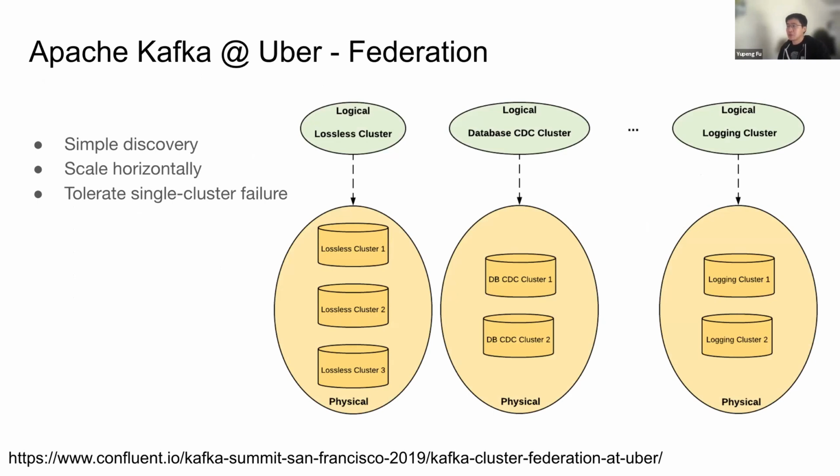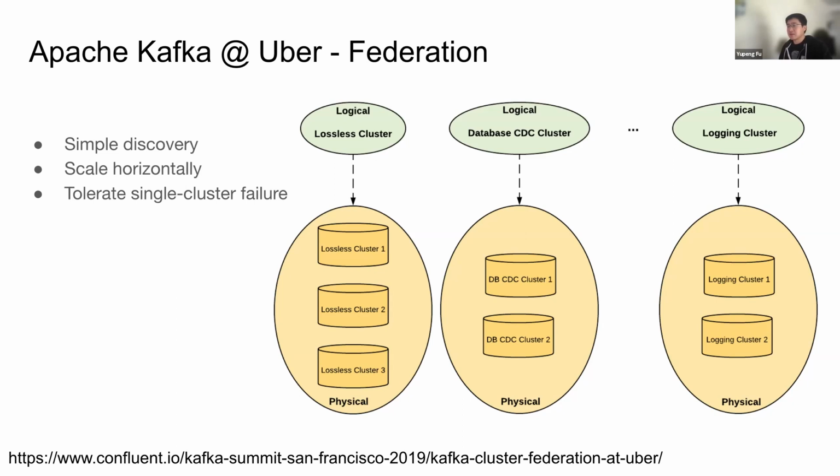So the first one we call the cluster federation. Because of different use cases, we have multiple different physical clusters. And each category of clusters has its own configurations and purpose for this particular use case. For example, some for lossless guarantee, others for high throughput setup.